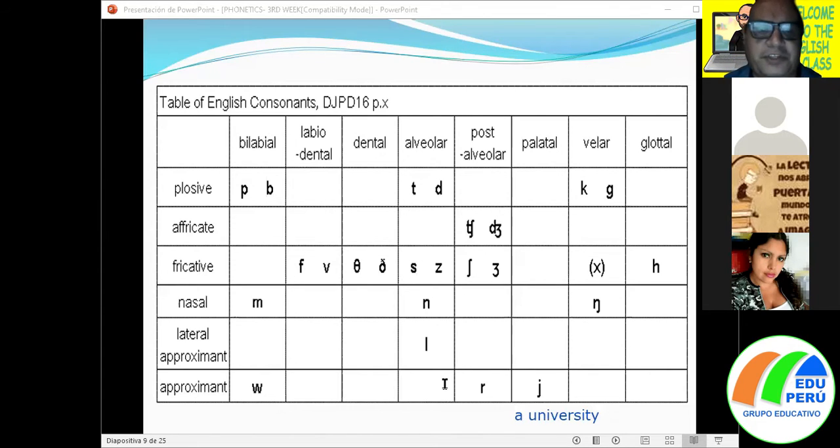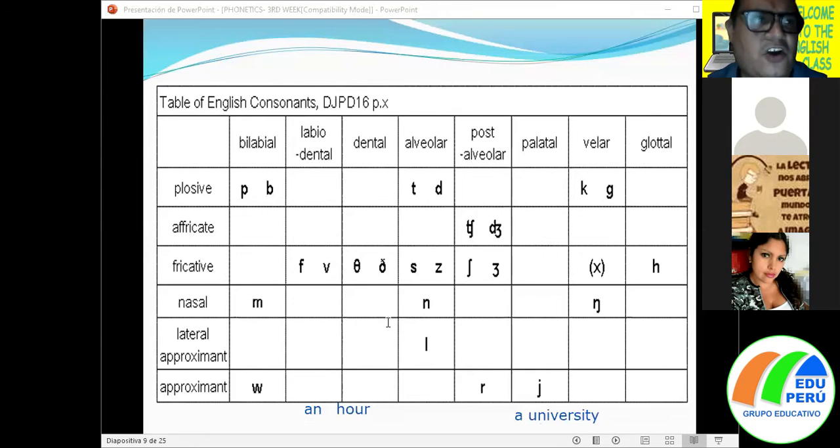Something similar happens with this other word. I'm going to write another word. How do you pronounce it? Hour. So do you use a hour or an hour? An. Exactly. An hour.